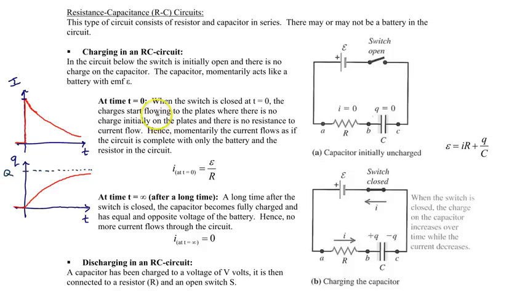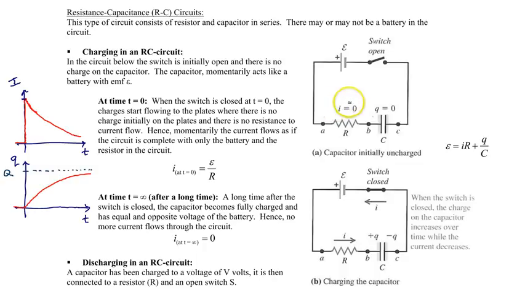When we close the switch, completing the circuit, we allow the current to flow around the circuit, and charge will suddenly start moving in every part of the circuit. We'll neglect the internal resistance of this battery and just consider the EMF of the battery, so we'll say this battery is really just an ideal battery.